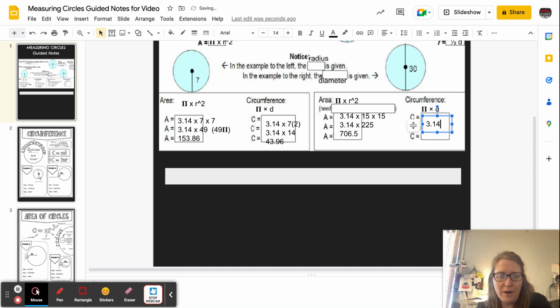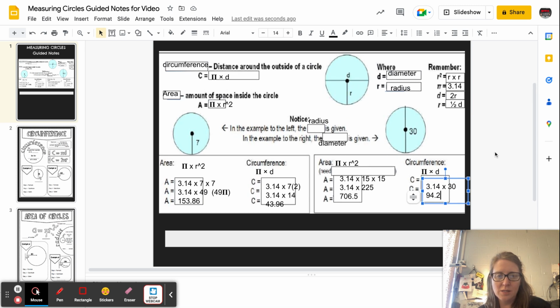Again, that's the approximation for pi, times the diameter, which you already are given, which is 30. So 3.14 times 30, and that would be 94.2, which is the circumference of the circle with the diameter of 30. Okay, so pause the video, look at your notes, make sure that they match my notes, and then we're going to go on to the inside.